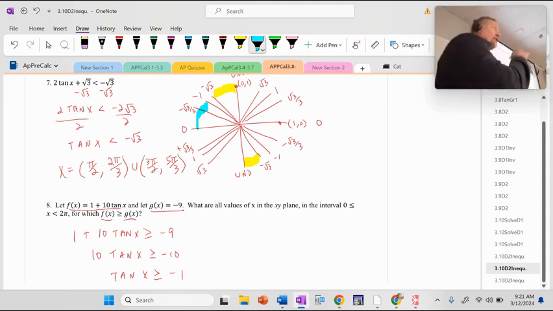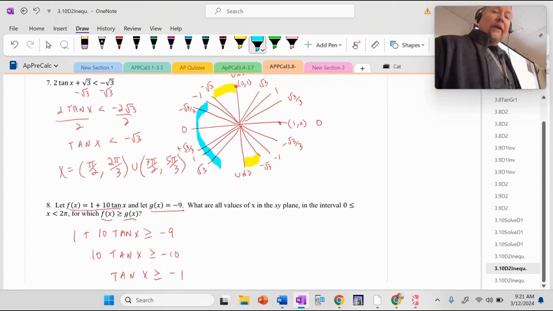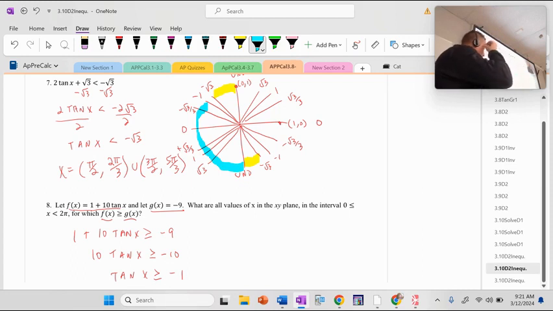Negative root 3 over 3 is greater than negative 1 because it's a smaller numerical value compared to that. And then positives are always greater than negatives, right? Right up to that. So the blue answers are for my next question. And then greater than or equal to negative 1 is this.